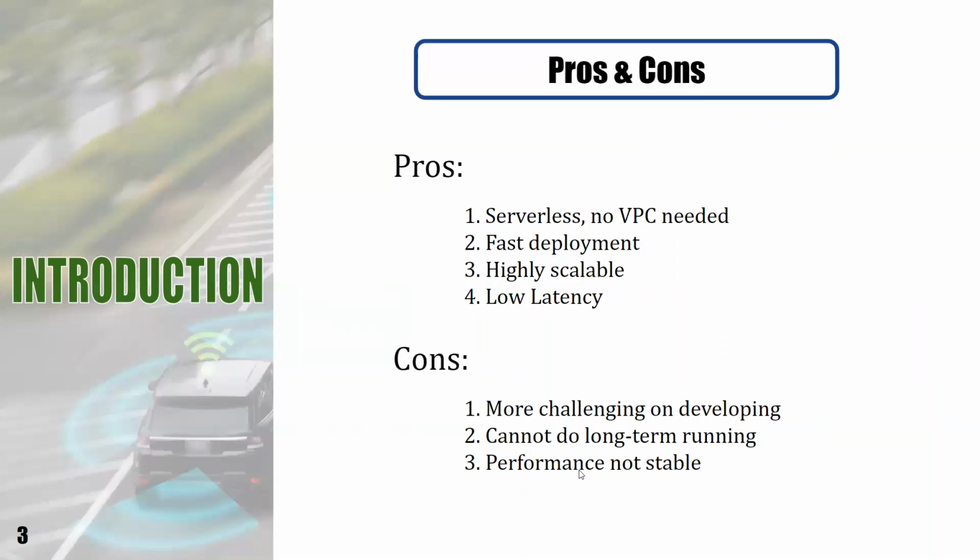The performance is also not stable, because it's not like when you have an instance where you customize all the computing power and the network. Sometimes, if the network hits peak hours, you may suffer a little on latency.